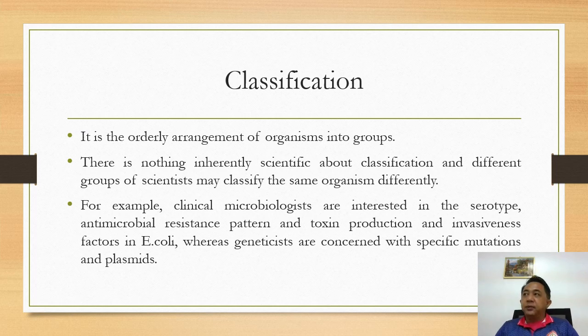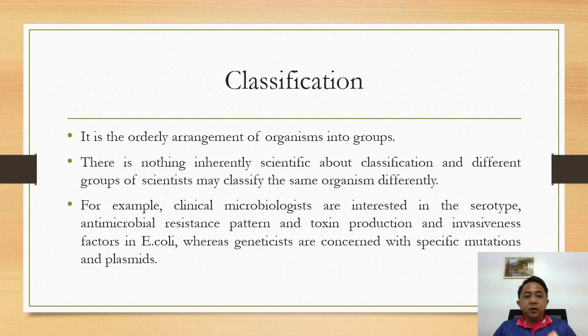Okay. So in other classification methods, they usually include the domain. But in our microbial taxonomy, we will start with the kingdom. Okay? We will not include the domain anymore, but we will start our orderly arrangement beginning with the kingdom.